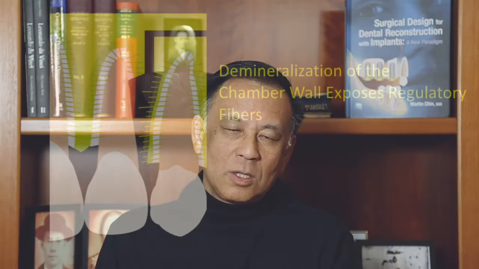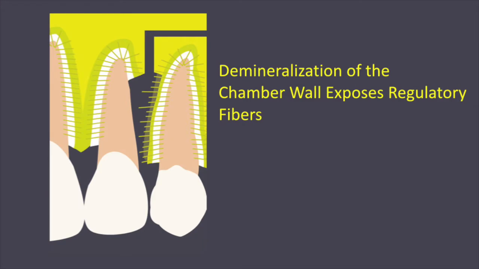Now, diagrammatically, we can see that as we protract this segment forward, the natural process will initiate a resorptive process of the bone that has been exposed. So this system will demineralize the bone that covers the mesial surface of the premolar. We have already explained that the embedded Sharpey system is immune to demineralization because it's not mineralized to begin with.